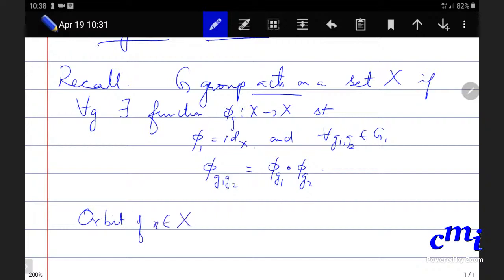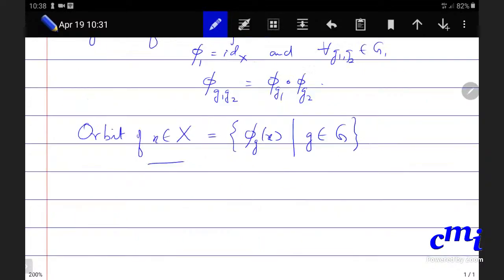The orbit of x is the set of all points to which x is taken by this action. This is what we did last time, and we looked at various examples.